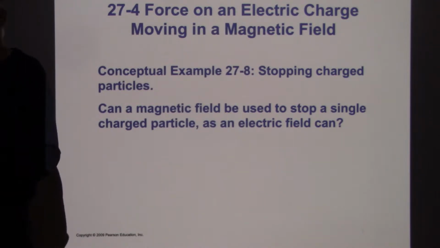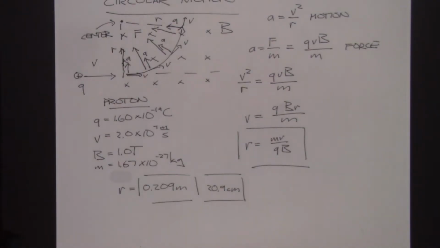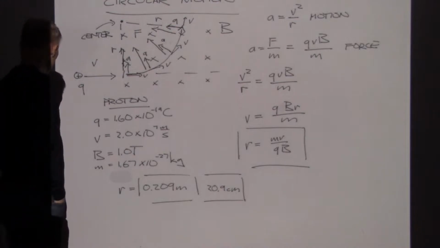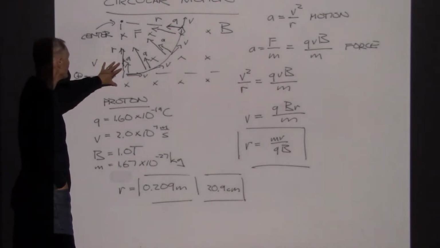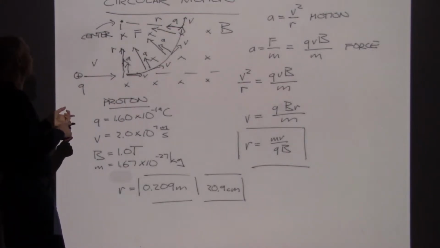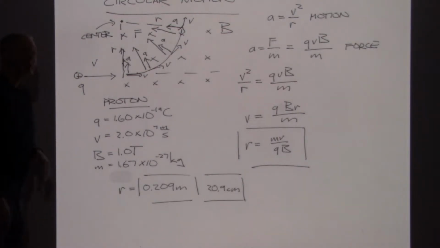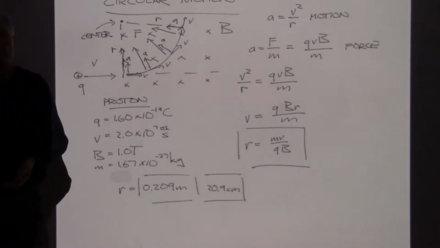Okay, can we stop a charged particle using a magnetic field the way that we did when we used electric fields? And the answer is no, it's not going to be that simple. Notice that if we ignore spin effects of the particle coming in, when it runs into the magnetic field it is just going to redirect its motion.